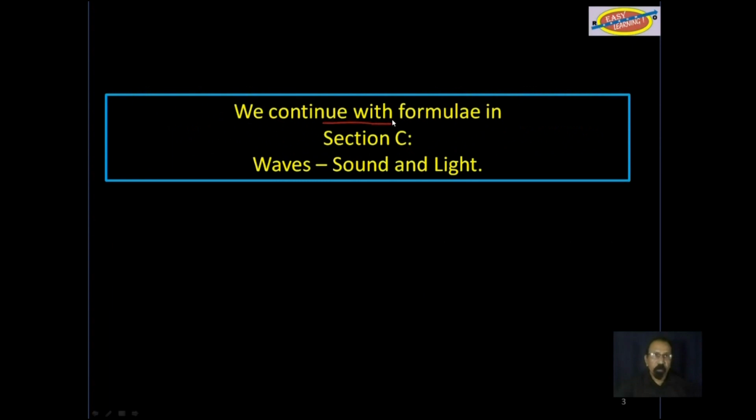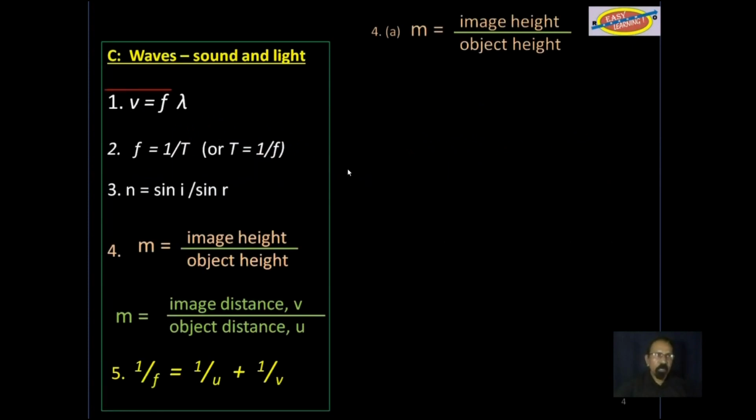We continue with formulae from section C, sound and light. We already completed these three here, 1, 2, and 3. Now we continue with this fourth one, which says that magnification is equal to image height over object height.